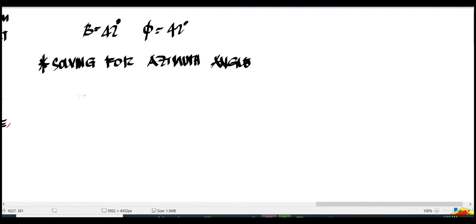Now solving for the azimuth angle, we have the following equation: 42 degrees minus the 10 degrees, which is equal to 32 degrees.